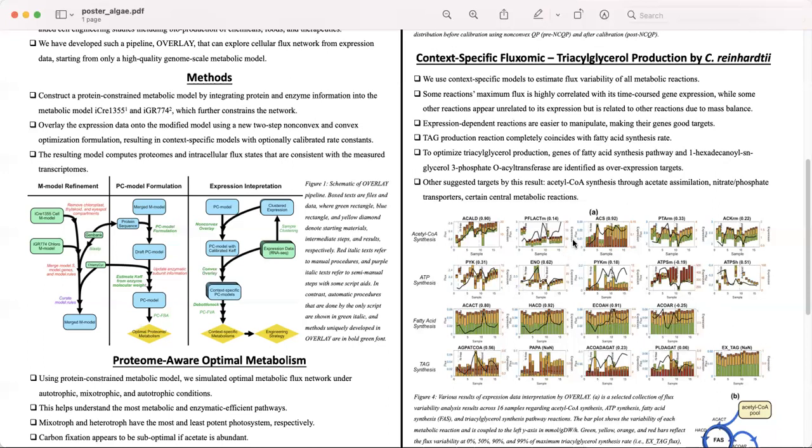And the black line is the expression level. For certain reactions, their flux is highly correlated with the expression. We call them expression dependent reactions.